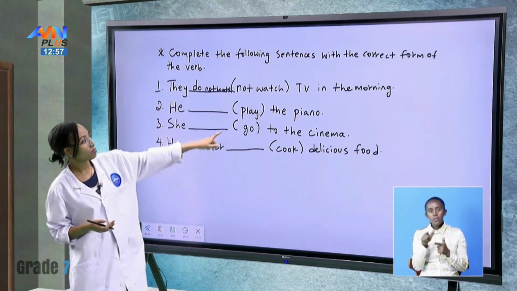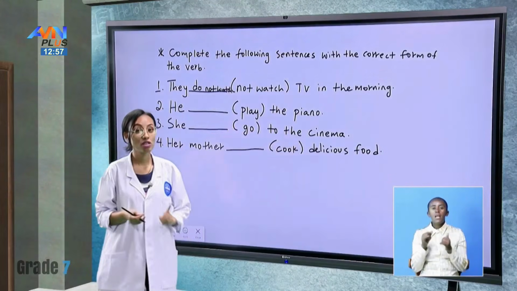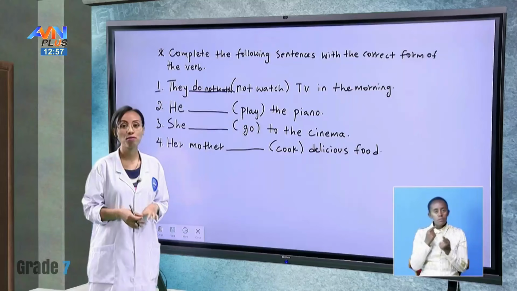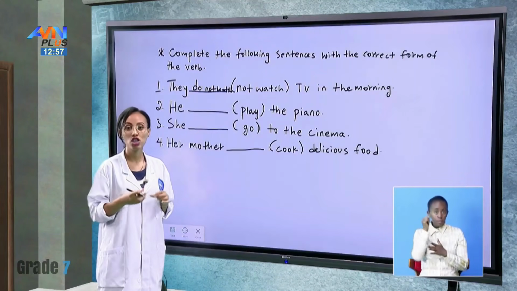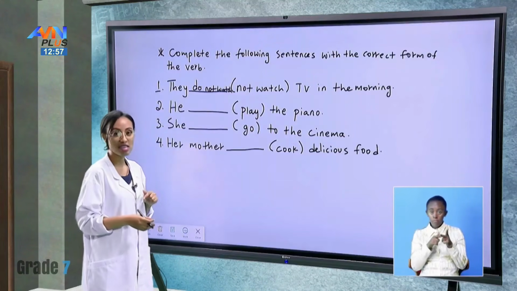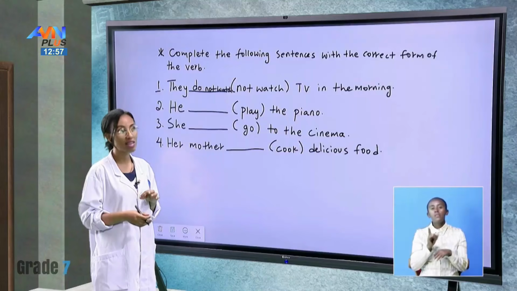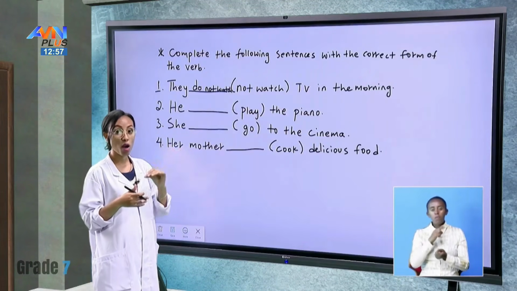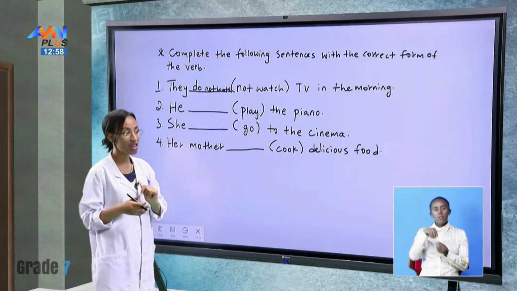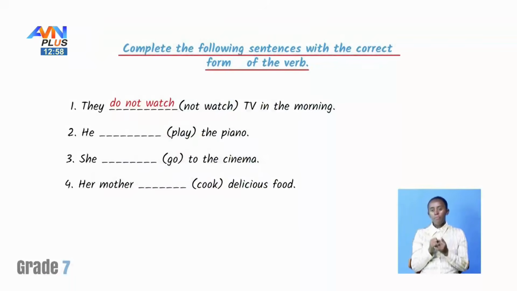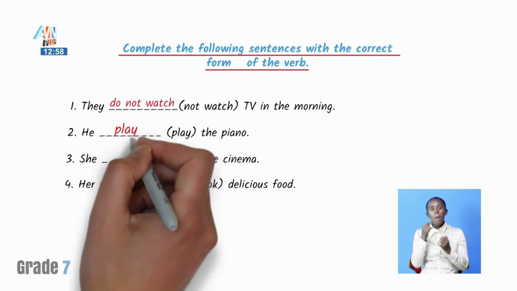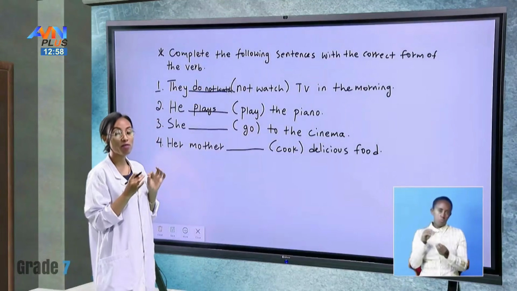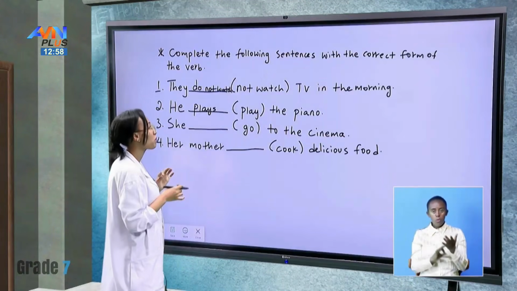He play the piano. Earlier we said repeatedly that if there is he, she, or it in a sentence in the simple present tense, then we change the verb a little bit by adding s at the end. So he plays the piano. So we have added s, so we have used the correct form of the verb here.